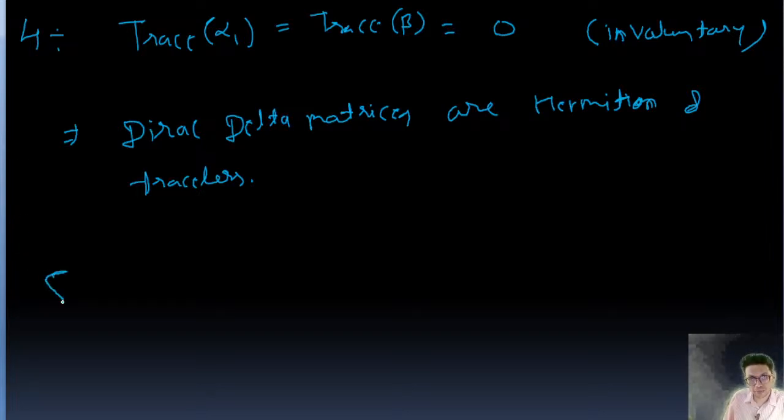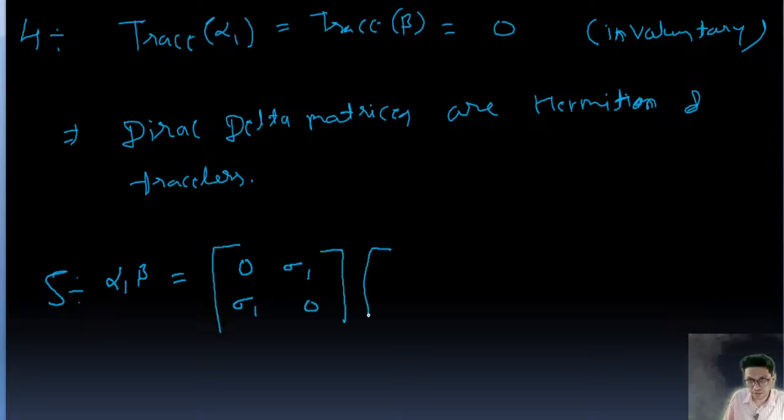Okay. Property number 5. We are doing the Dirac matrix properties. Property number 5 is alpha_i beta. Alpha_i is the matrix 0, sigma_i, sigma_i, 0, and beta is the matrix I, 0, 0, minus I. So we'll solve it.